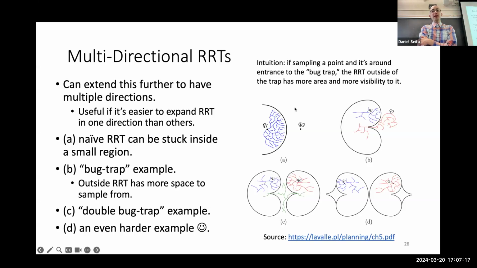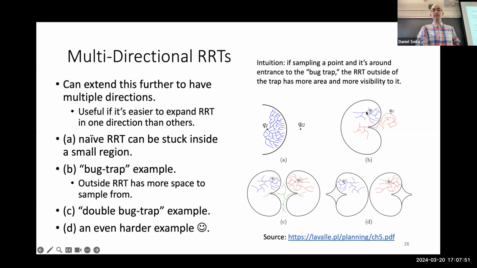So what this diagram is showing is there's different shapes, and then the solid contours are obstacles. If you have Q, the initialization here, and then the goal here, if you have RRT growing from just one tree, it might get stuck, based on the shape of the obstacle. B is the bug trap example.